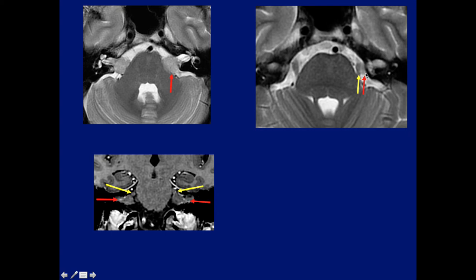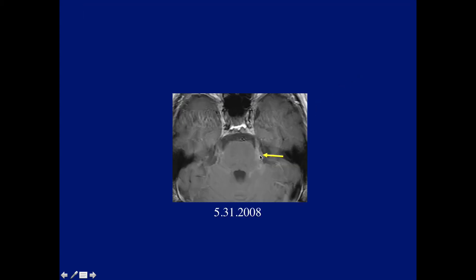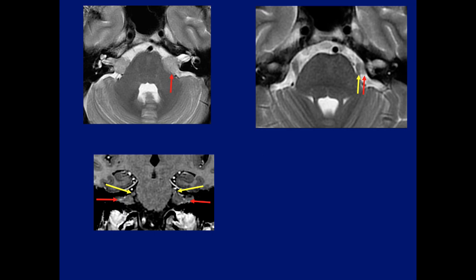There was a lesion next to it, and if we look, there are these masses in both cerebellopontine angles, almost invading the eye. You see, maybe on the right, a little bit invading. So we were seeing the top of the dome of this lesion projecting next to the trigeminal, and that's what we saw here. So this was not involving the trigeminal itself. It was just next to it, maybe encasing or around it.